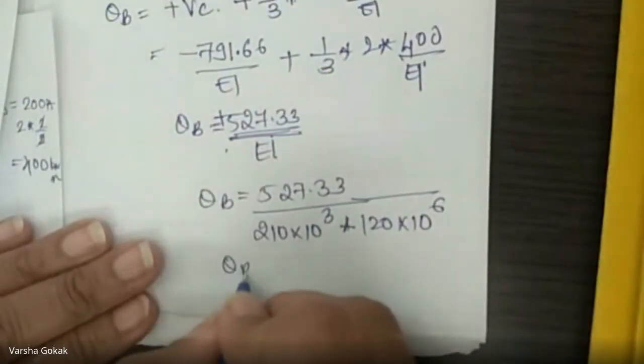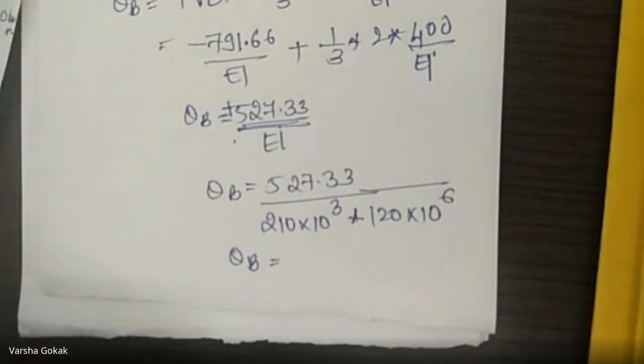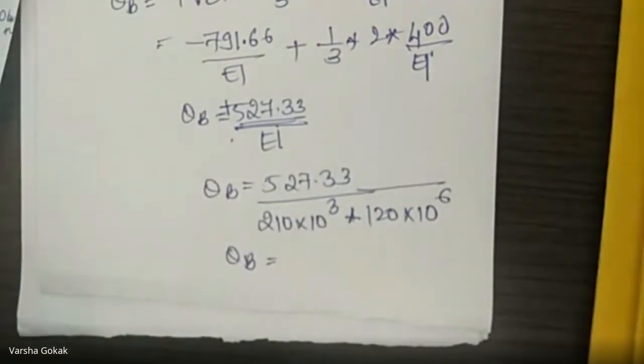Get me the theta value please, theta B. It will be a small number because these two will go on top, no?